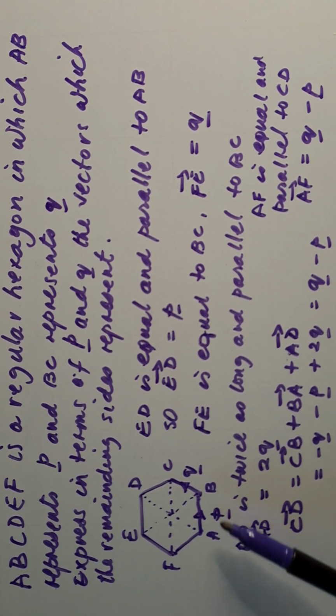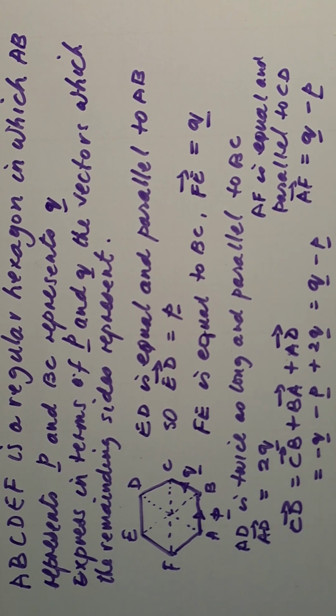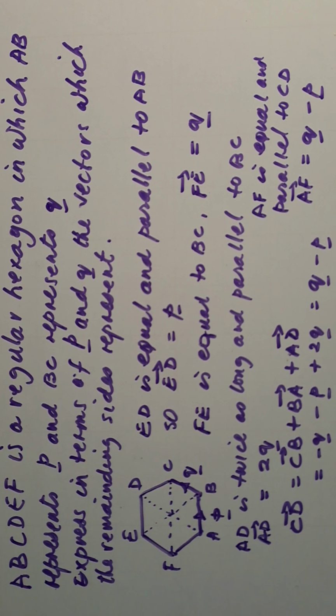We were given the sides AB and BC as P and Q respectively, and we've covered all the other remaining sides and expressed them in terms of P and Q.